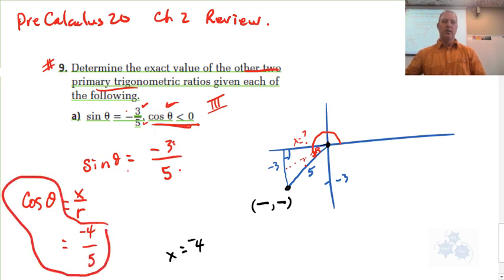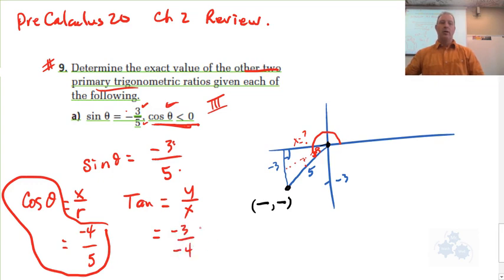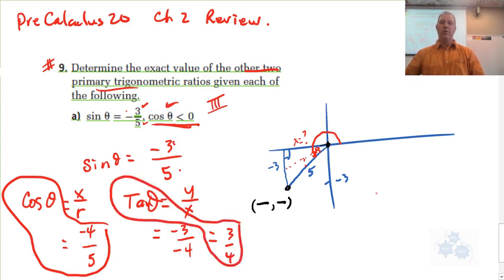So there should be the cos. And then the tan is what? Y over x. So that's going to be equal to negative 3 over negative 4, or 3/4. So tan is positive in this quadrant, and we know that. C-A-S-T.